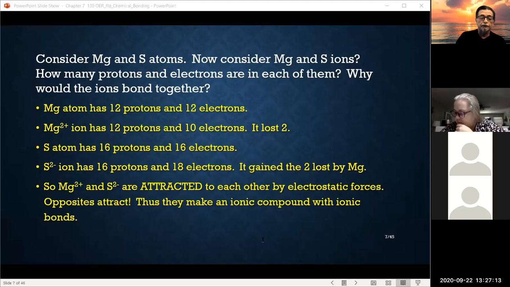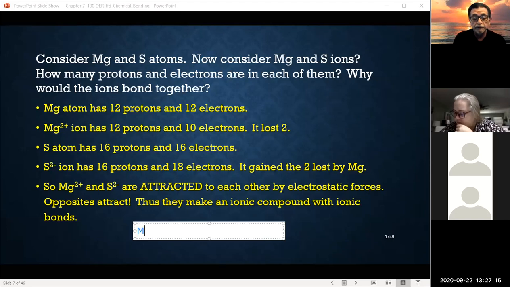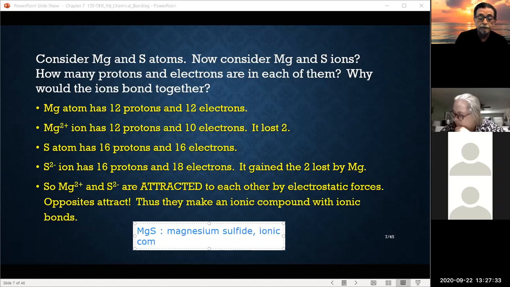The formula for this will be simply MgS, magnesium sulfide, which is an ionic compound, because we have a combination of a metal and a nonmetal.